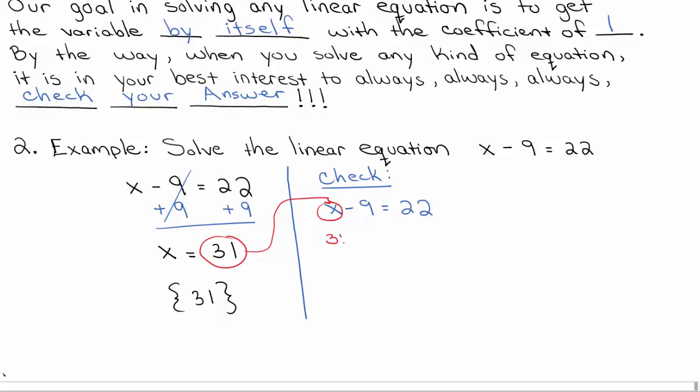So this will be 31 minus 9, and we're going to see if that's actually equal to 22. 31 minus 9 is equal to 22, therefore 22 is equal to 22, therefore we have a true statement. This means that 31 is our solution. Notice that when we write a solution, we use braces for our solution set.